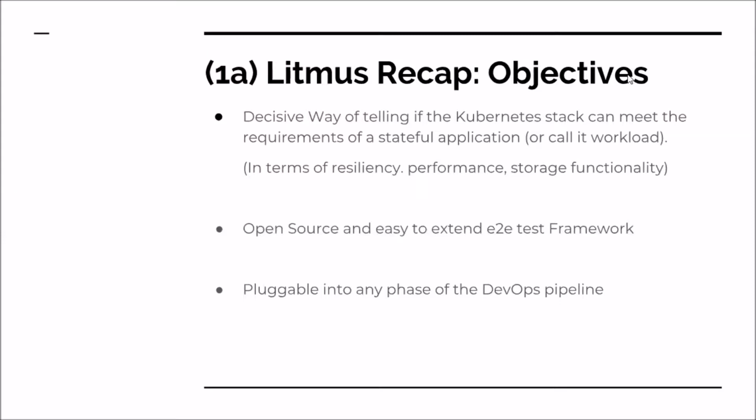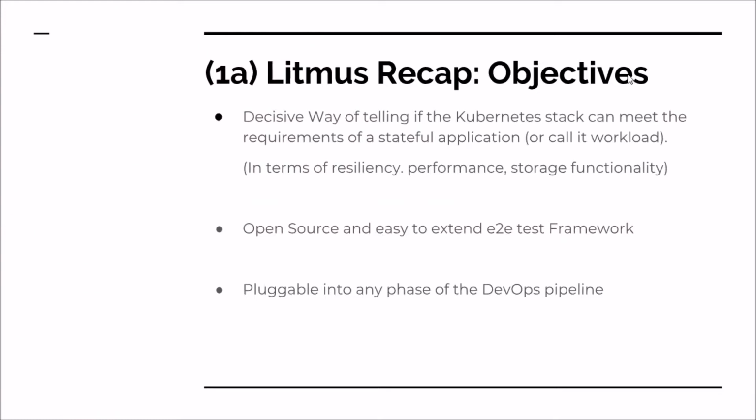It should be open source and easily extendable. The way Litmus was conceived, users should be able to contribute to the tests, and they should be able to both extend the infrastructure as well as extend the test suite itself. That was one of the goals.